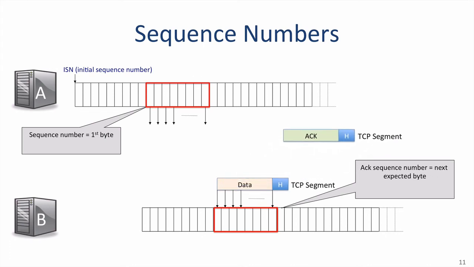The acknowledgement sequence number in the segment from B back to A tells us which byte B is expecting next, offset by A's initial sequence number.